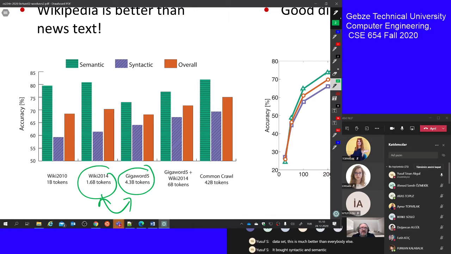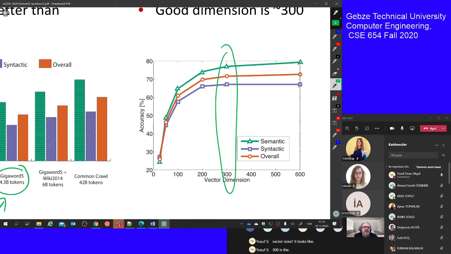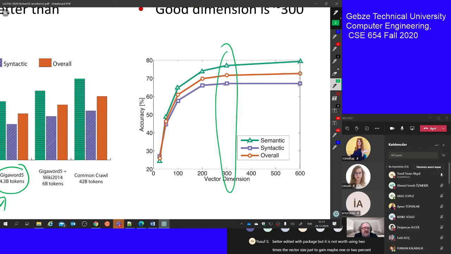How about the vector size? Vector sizes, it looks like 300 is the optimal point. Well, if I use 600, the numbers are a little bit better, but it is not worth using 2 times the vector size just to gain maybe 1 or 2% of performance.